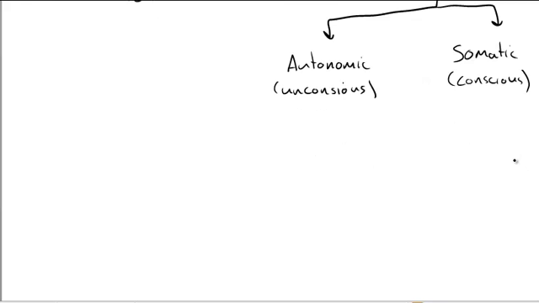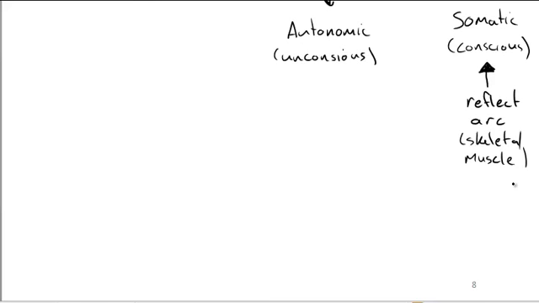And weirdly enough, and I'm not going to test you on this because it's kind of an oddball, many textbooks argue that even though they're a reflex arc below our conscious thought, they place them in the somatic system because they involve our skeletal muscles, and our skeletal muscles belong under the somatic system because they're controlled typically by conscious thought.